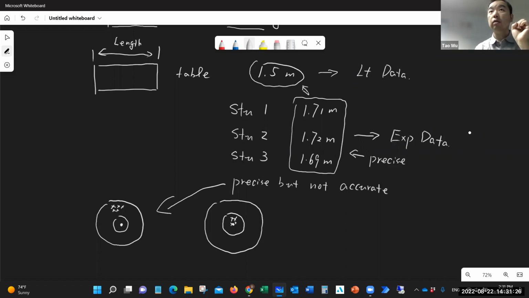Are you clear? So precise is talking about the group of data in the experimental data, how they can repeat to each other. Accurate is talking about how far away the experimental data is from the target literature data. So this is precise and accurate.